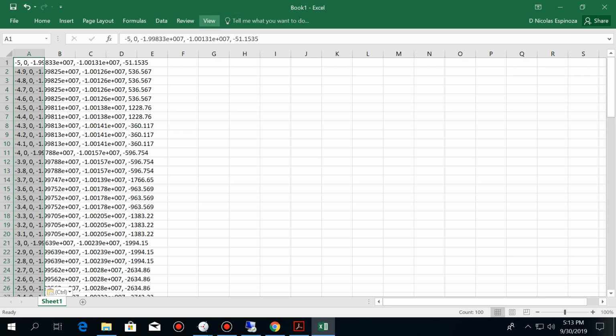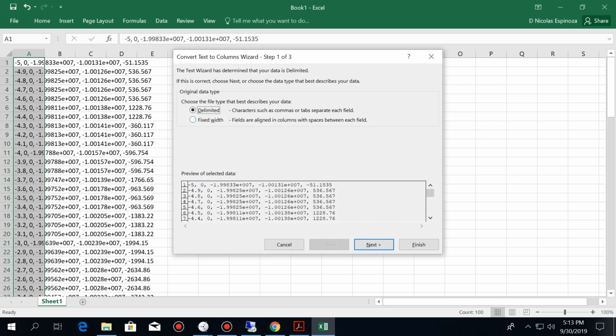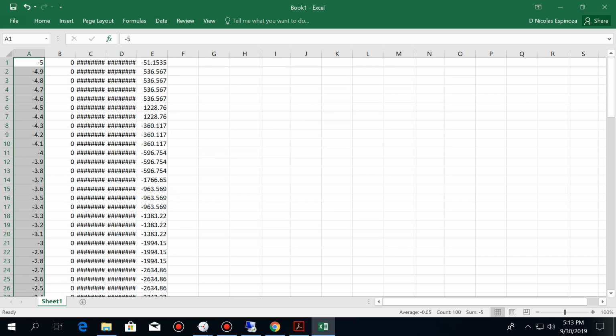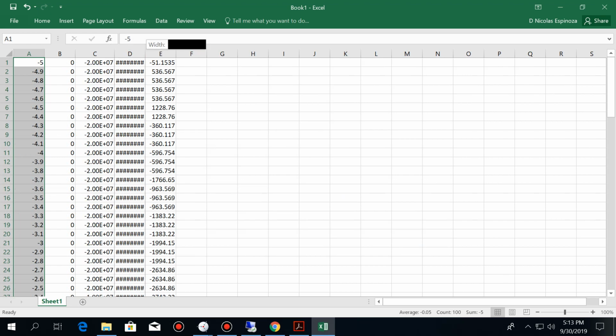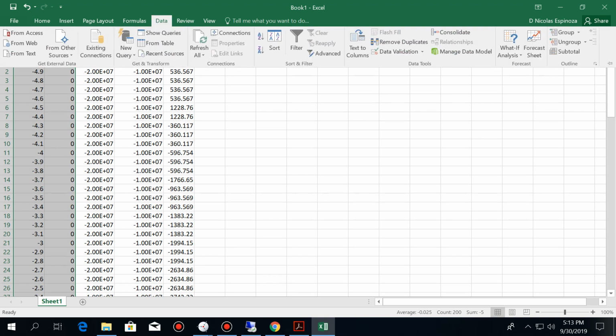I just pasted the data, and then we go text to columns, delimited by a comma, finish, and I can plot stresses as a function of position.